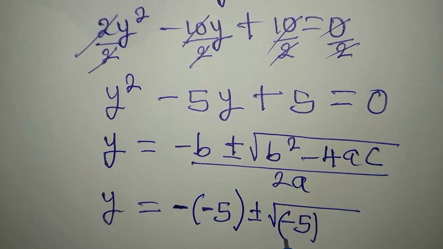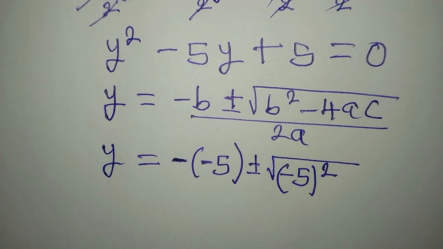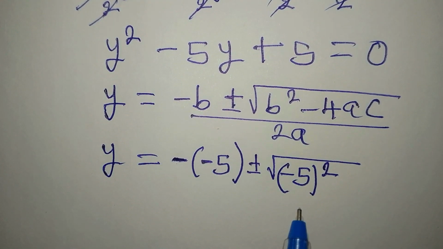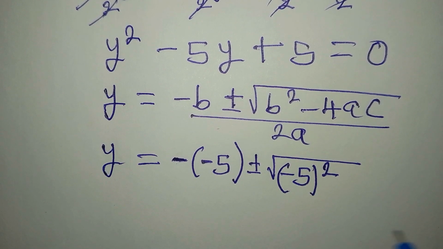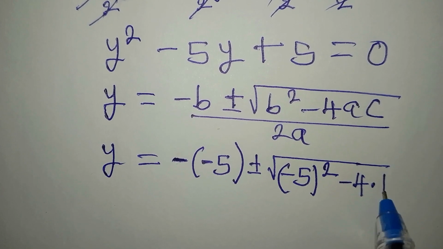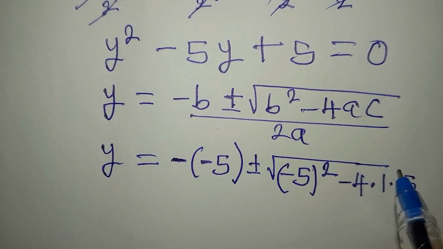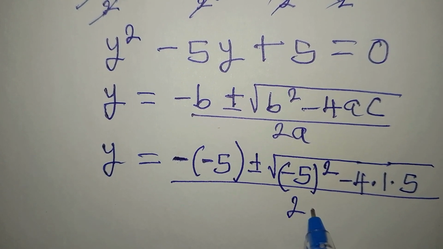This is another place that students make mistakes. You have to put this in a bracket. If you do not put it in a bracket, it will give you a different answer. So the square has to be outside the bracket. Then we have minus 4 times a times c, where a is 1 and c is 5. Divide all of this by 2 times 1.